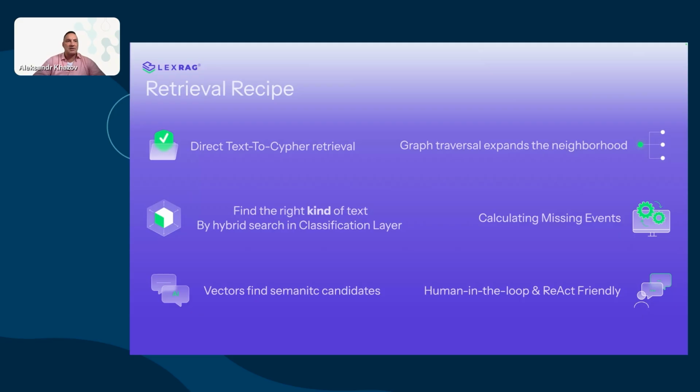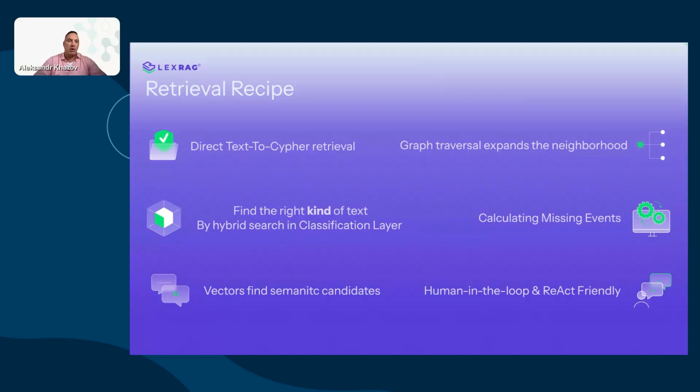For sure, vectors find semantic candidates and provide those to the LLM context, and those three layers can work independently.